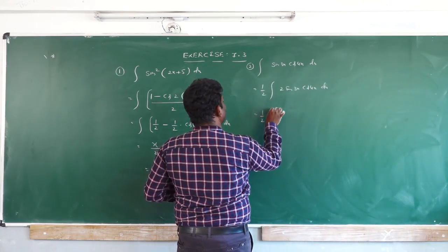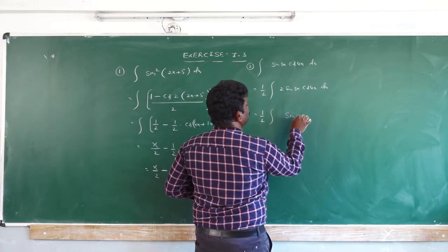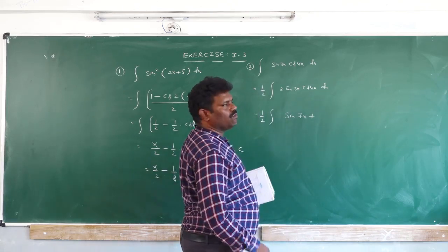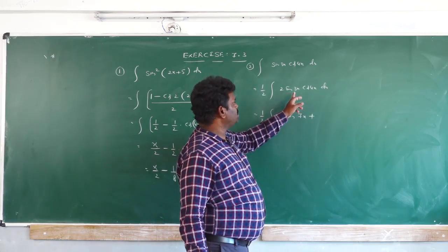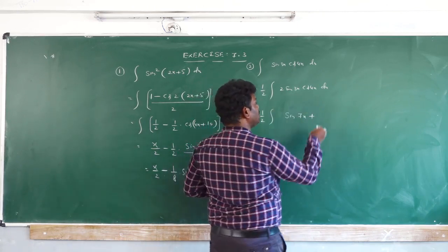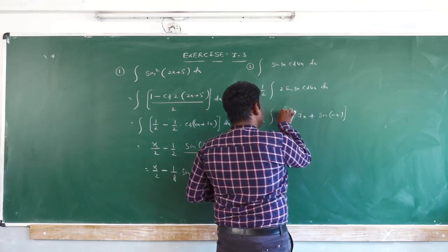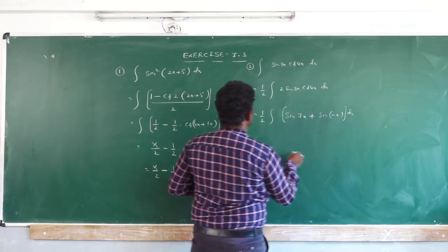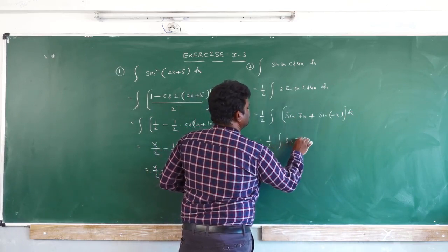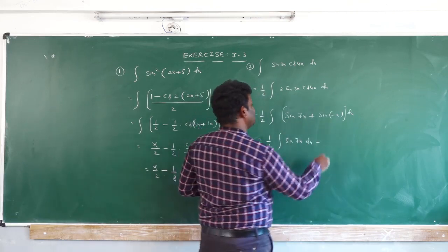So we get 1 by 2 integral of sine of (a plus b), that is 3x plus 4x, 7x, plus sine of (a minus b), that is 3x minus 4x, sine of minus x. Next step: 1 by 2 integral of sine 7x dx minus sine x dx, since sine of minus theta is minus sine theta.